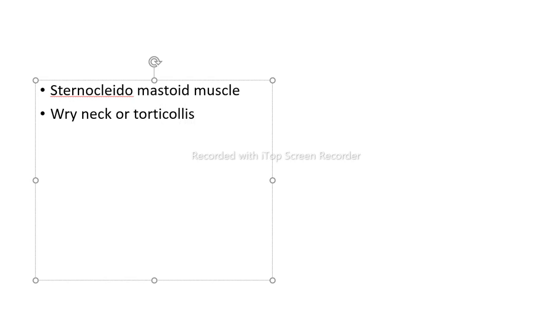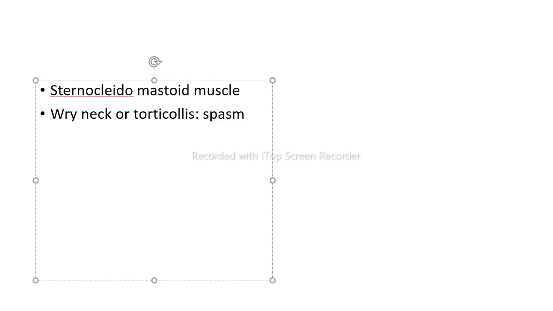In wryneck or torticollis, the head is bent to one side and the chin points to the other side. This is due to spasm of the sternocleidomastoid muscle and trapezius muscle, because both are supplied by the spinal accessory nerve.